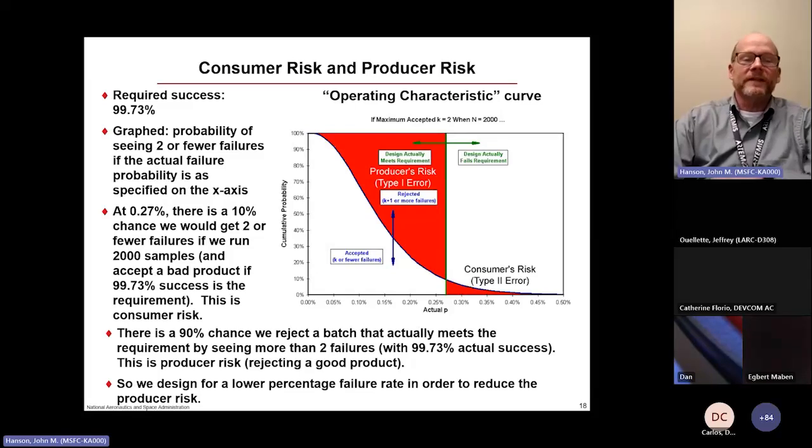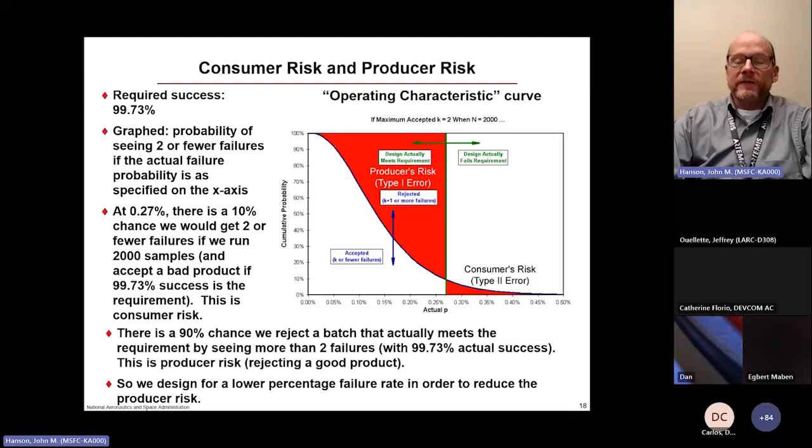And what we've graphed is the probability of seeing 2 or fewer failures if the actual failure likelihood is as specified on the x-axis. So if you look at the vertical line there, that's at the 0.27% where we've got our requirement set, our 99.73% success.